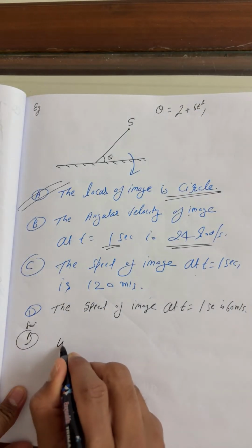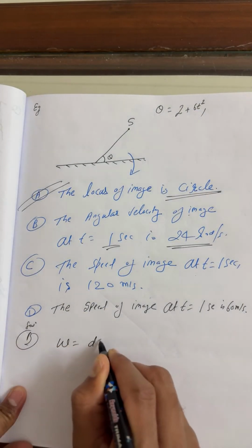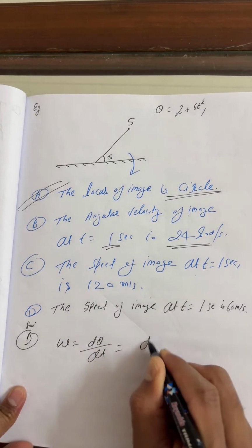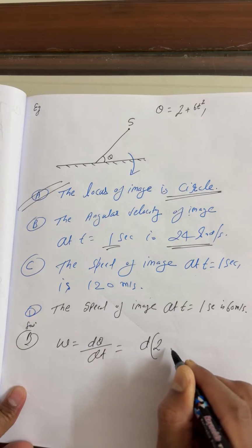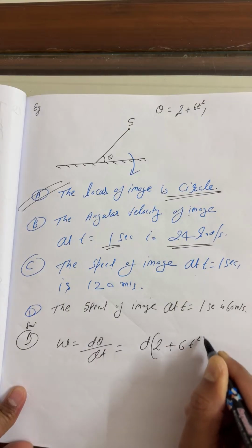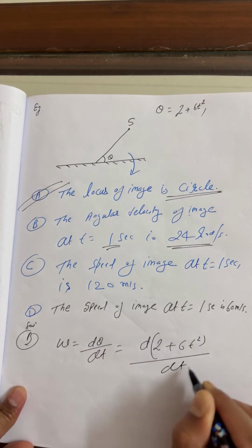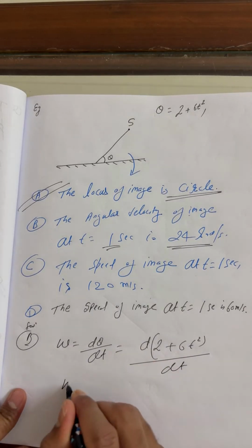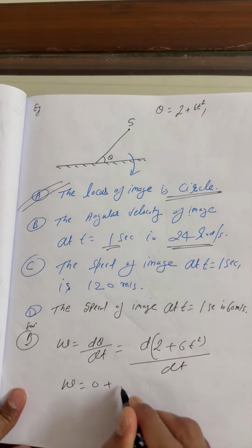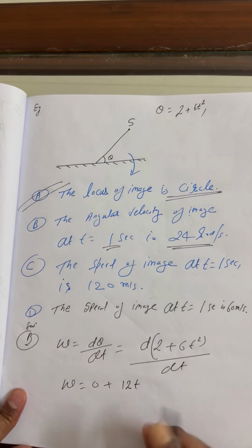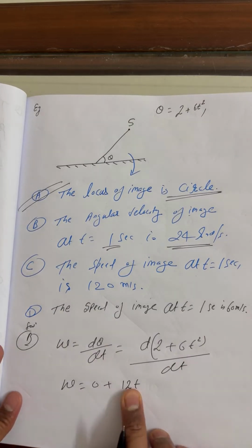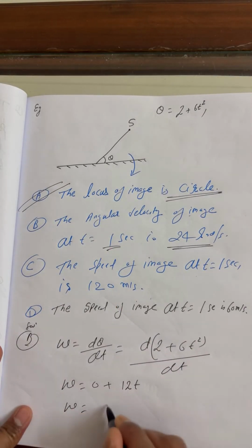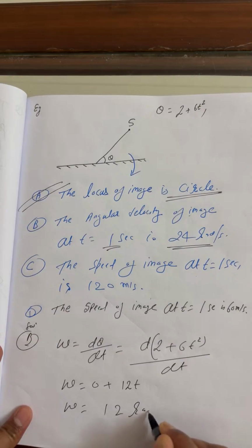Omega is d theta by dt, which is d of (2 plus 6t squared) upon dt. The constant gives 0, so omega is 0 plus 12t, and at t equals 1 second, omega is 12 radian per second.